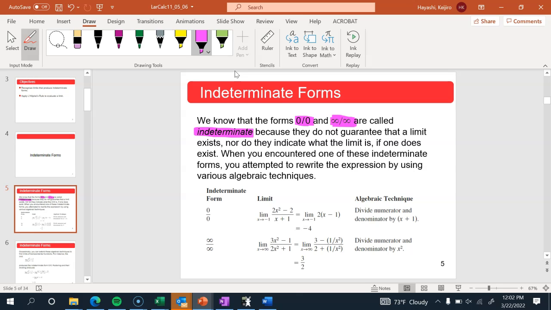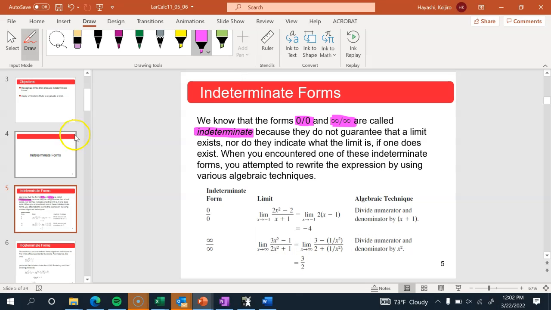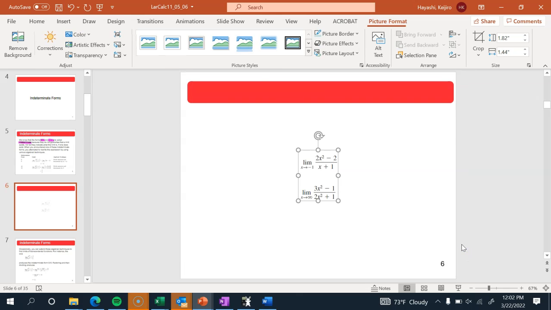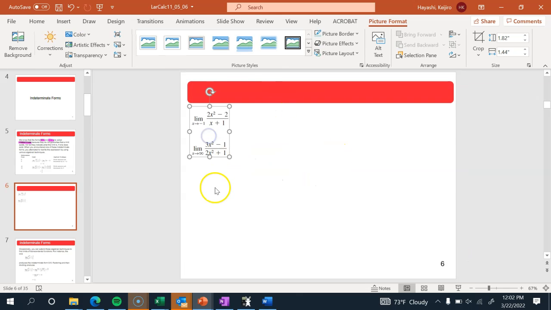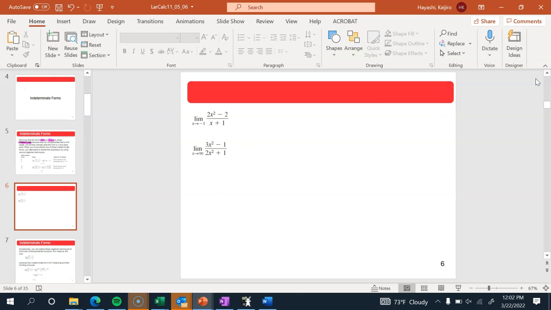So what you often have to do, or what you have had to do in the past when you get an indeterminate form, is some form or other of algebraic manipulation. So if we just look at these two limits right here, I'm just going to do these real quick because it's not important that you remember how to do this, because what we're learning today is going to allow you to avoid doing this.